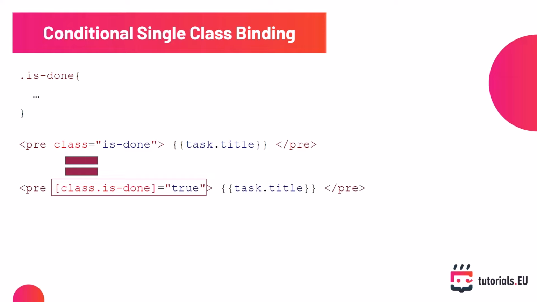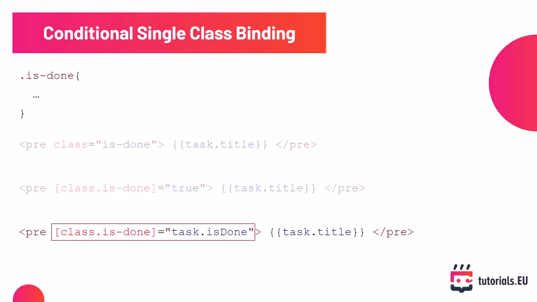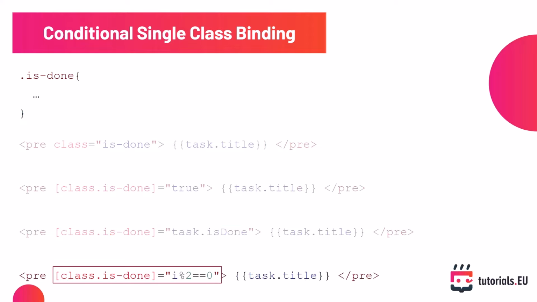For example, we can assign the CSS class to an HTML element just like this. We can also remove the CSS class from the HTML element like that. And we can even bind it to a field or set it to the result of a Boolean expression like that one here. No worries, we're going to see all that in action right now.